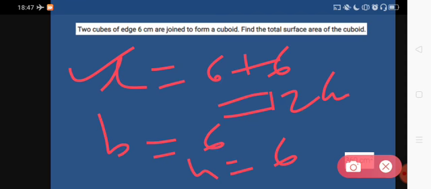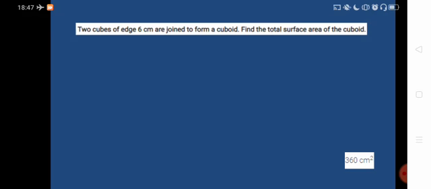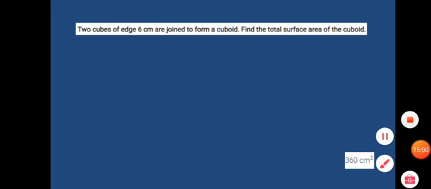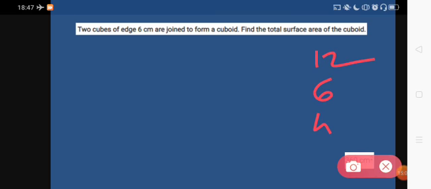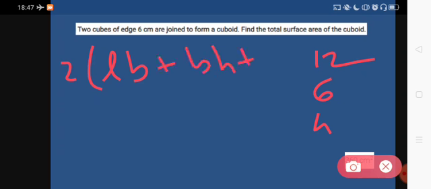We will write the formula for the cuboid. Length is 12, breadth 6, height 6. The formula is 2 in bracket LB plus BH plus HL: length into breadth plus breadth into height plus height into length, twice of the total.